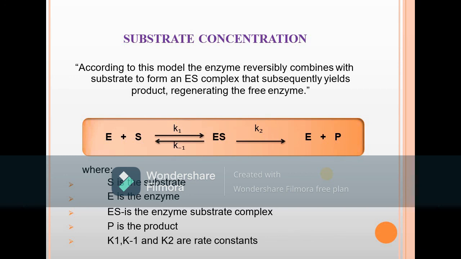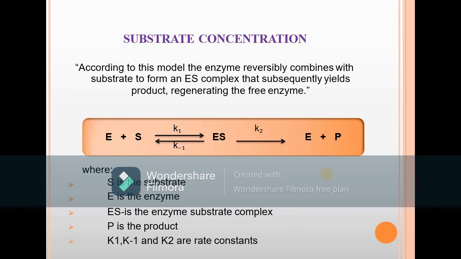Means if it reaches that point and we add more substrate, there will be no effect on the enzyme, and we can say that this state is called the saturation of active sites, and the reaction rate does not increase, it continues at the optimum rate.